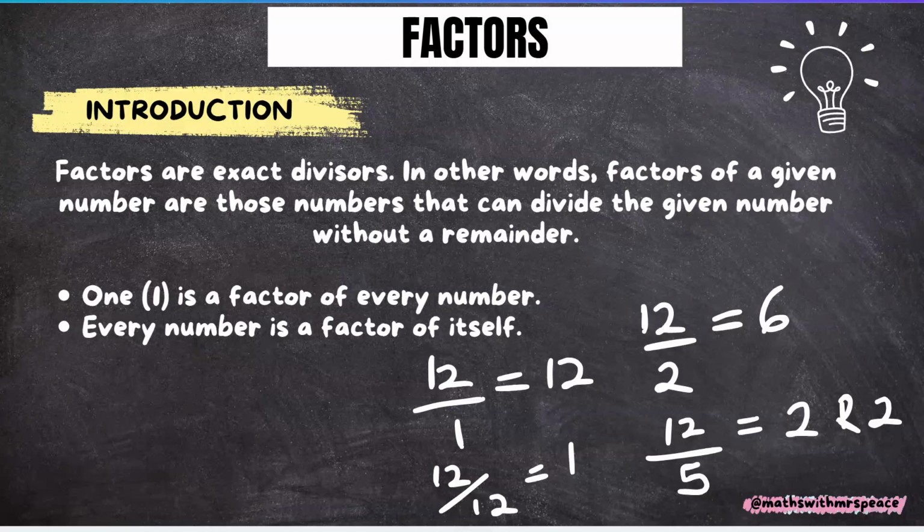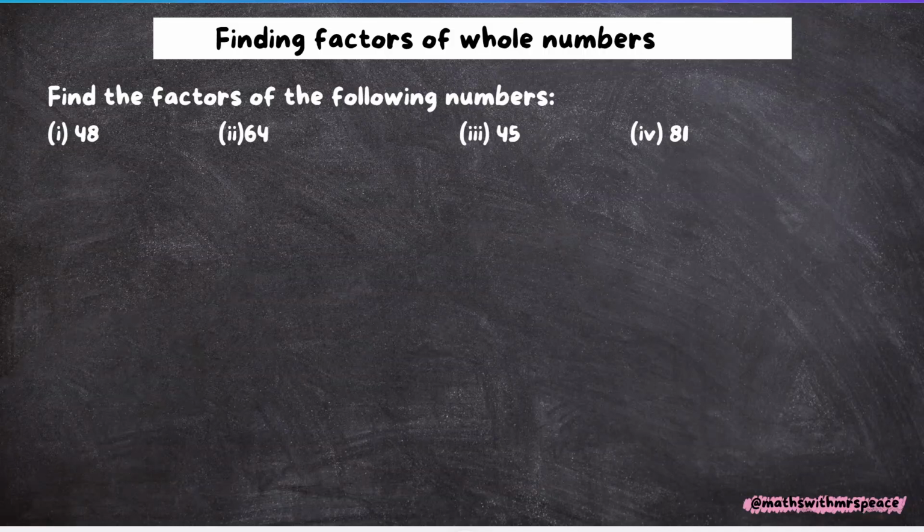Now, next, we're going to go ahead and learn how to find factors of given numbers. There are different methods, different techniques that people use when they want to list factors of given numbers, but I, for one, this is how I like to go about it because this method helps you to completely list all the factors, because there are some other methods where you will get factors, but you might not get them all.